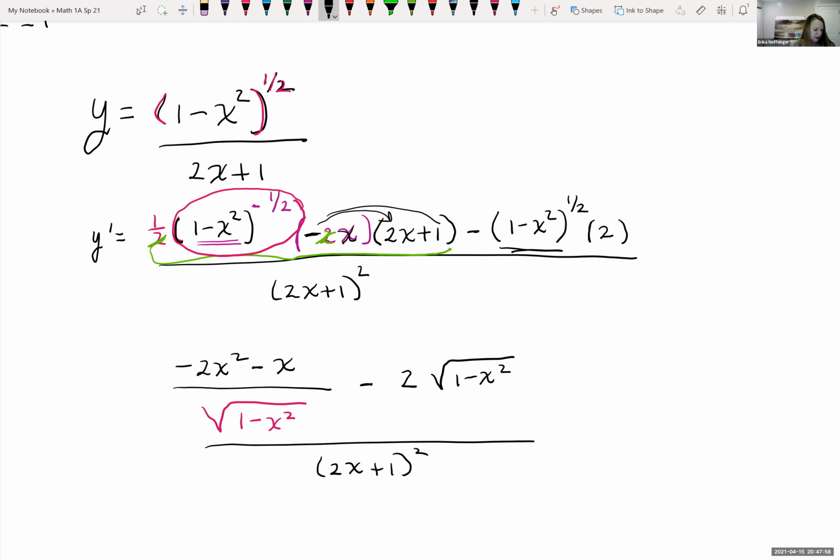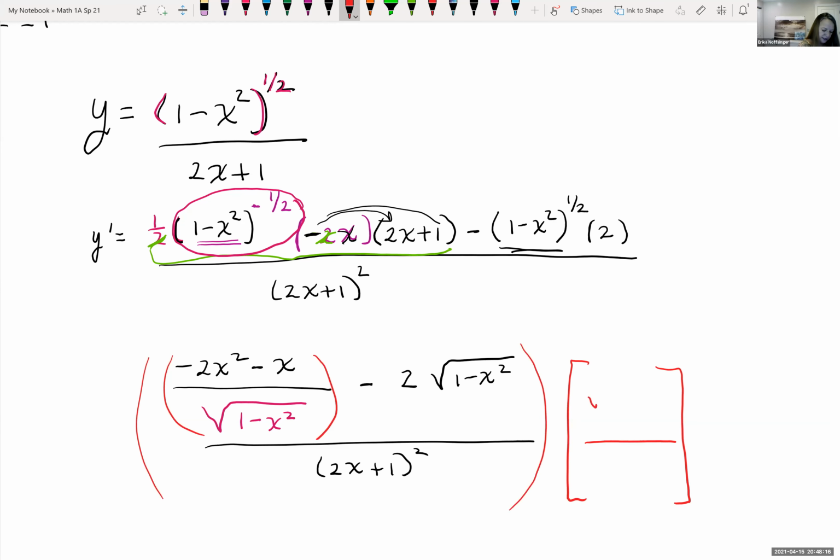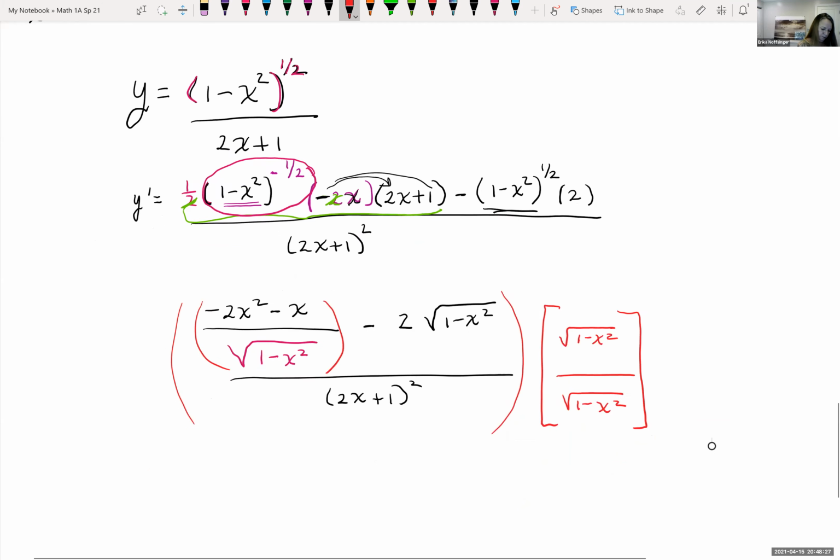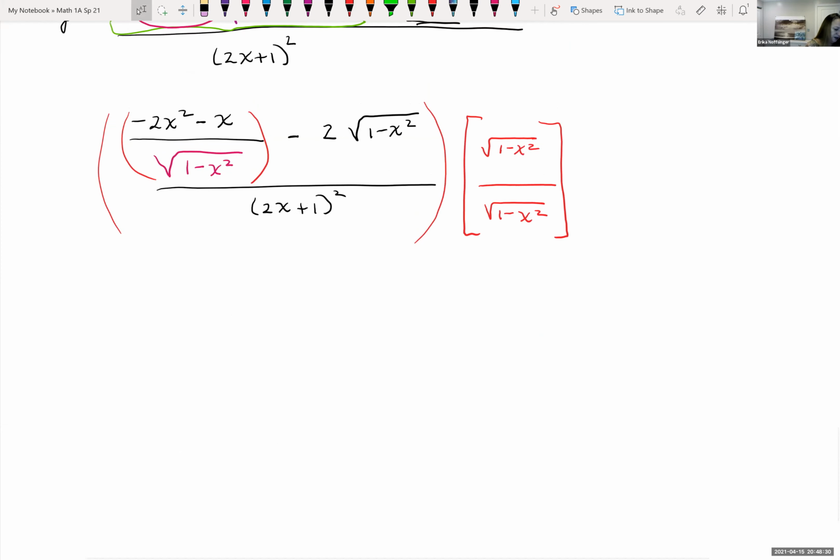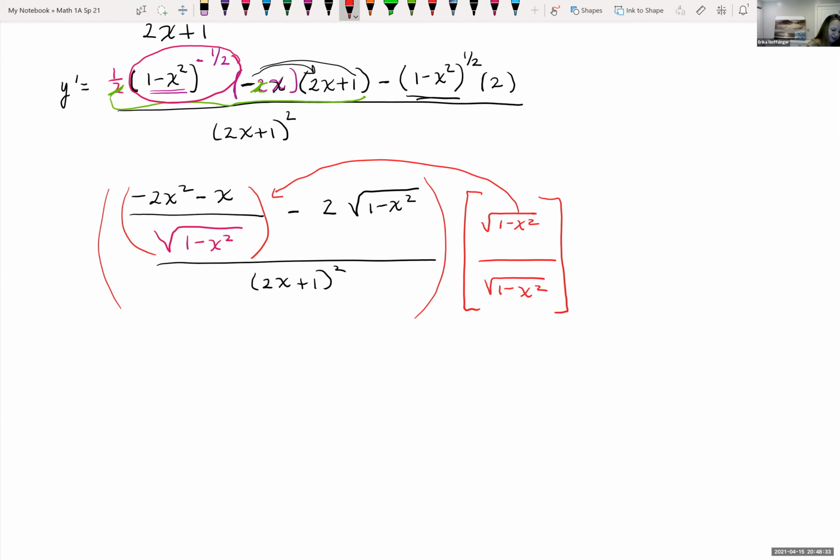So I notice I can clear my complex fraction. I like to do it by multiplying by that fancy one. And that fancy one that I'm going to use is the denominator, well, the fraction inside this main fraction. So my denominator is the square root of 1 minus x squared. So when I distribute, my fraction goes away there, and that's the whole point of that.